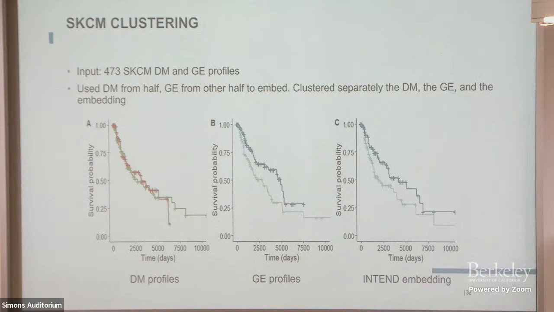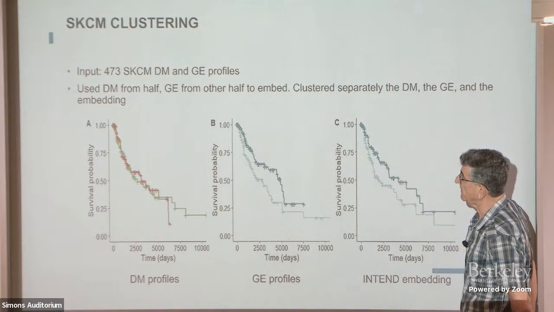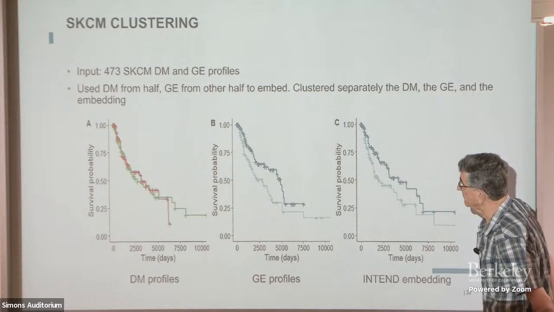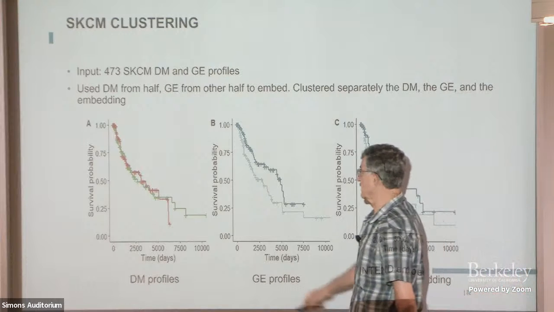So here is one final example. Here we looked at melanoma samples, and we partitioned the data set into 2 halves. We used half for the methylation signal and half for the gene expression signal. And what you see here is survival plots for the resulting clustering results.